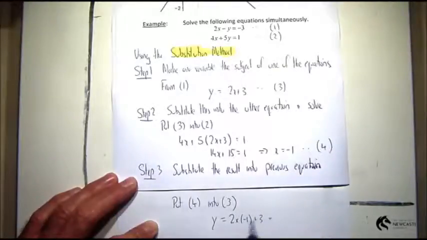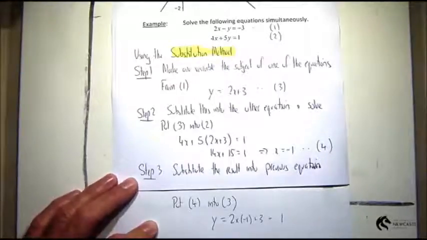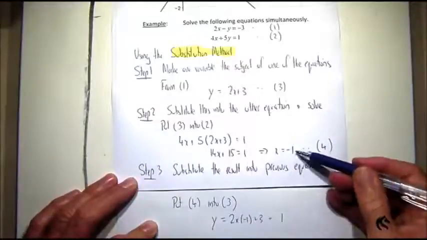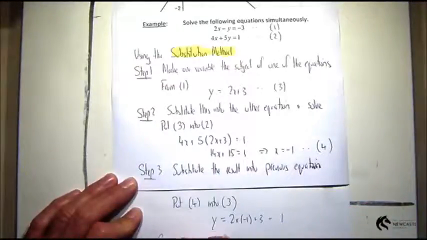That gives me minus 2 plus 3, that is equal to plus 1. And so I believe my solution is x is equal to minus 1, y is equal to plus 1. So therefore, solution is x is equal to minus 1, y is equal to plus 1.